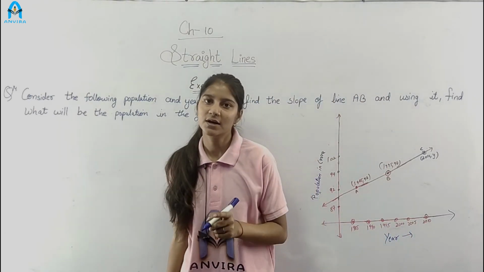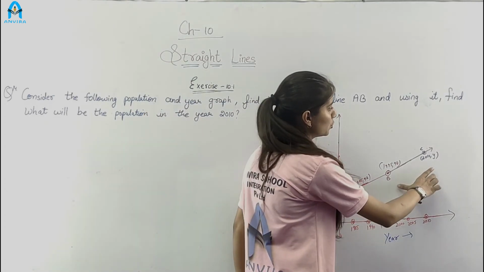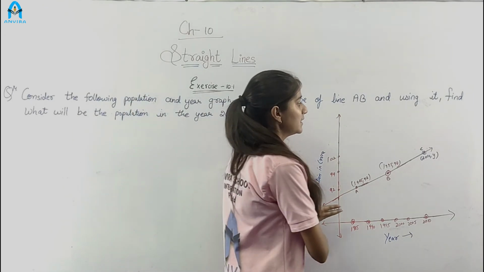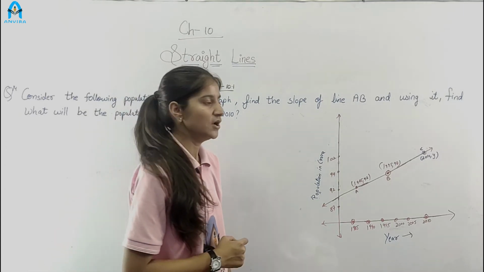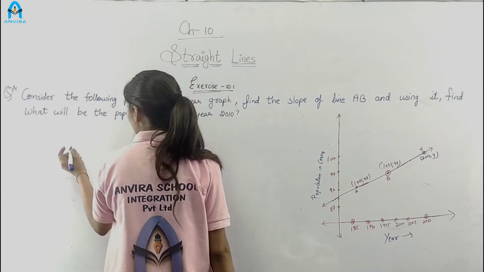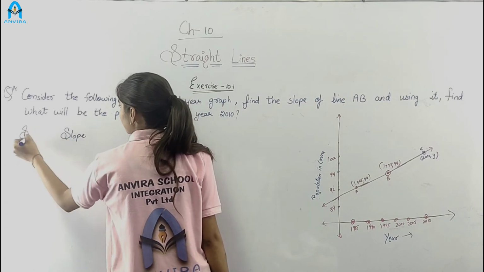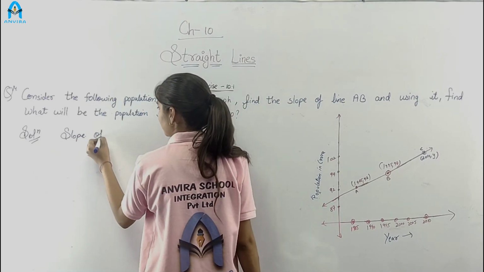We find it by the condition of collinearity. The slope of AB will be equal to the slope of BC since both are on the same line. So these points are collinear to each other. So let us first find the slope of AB.